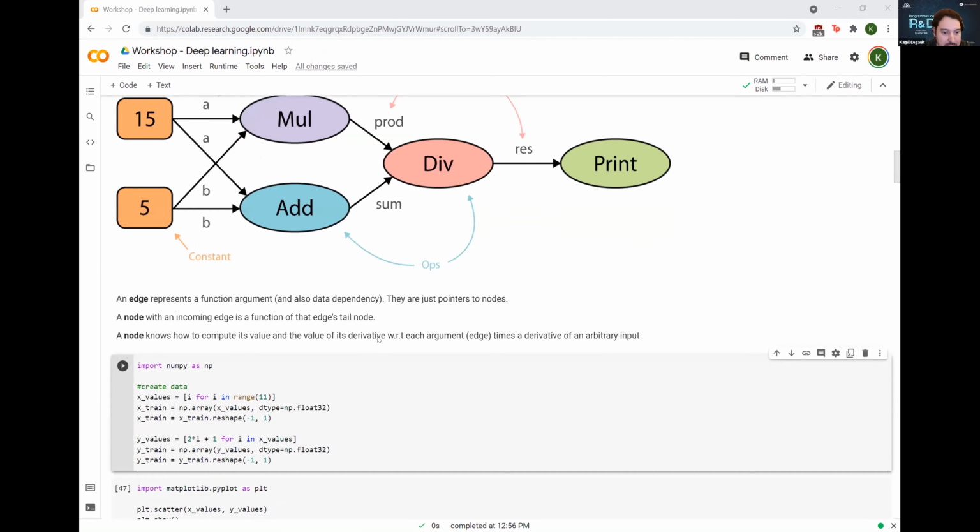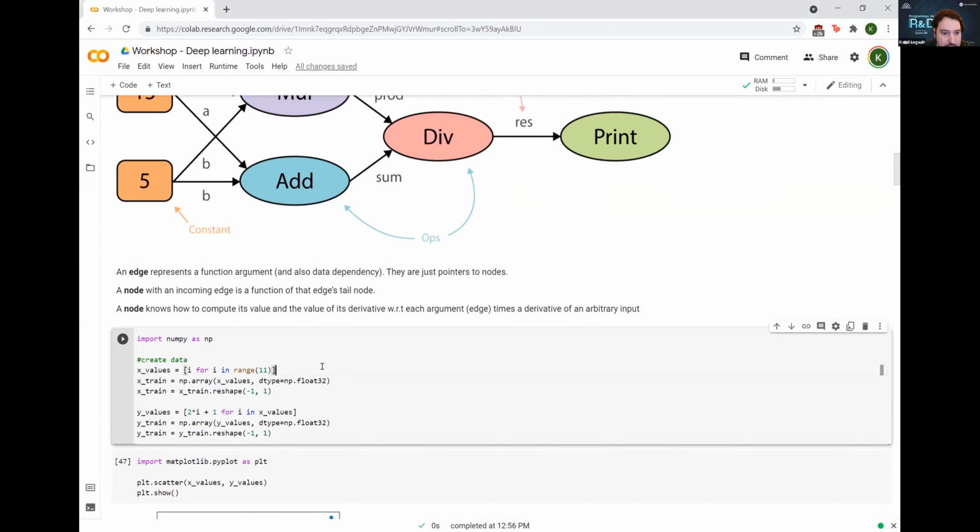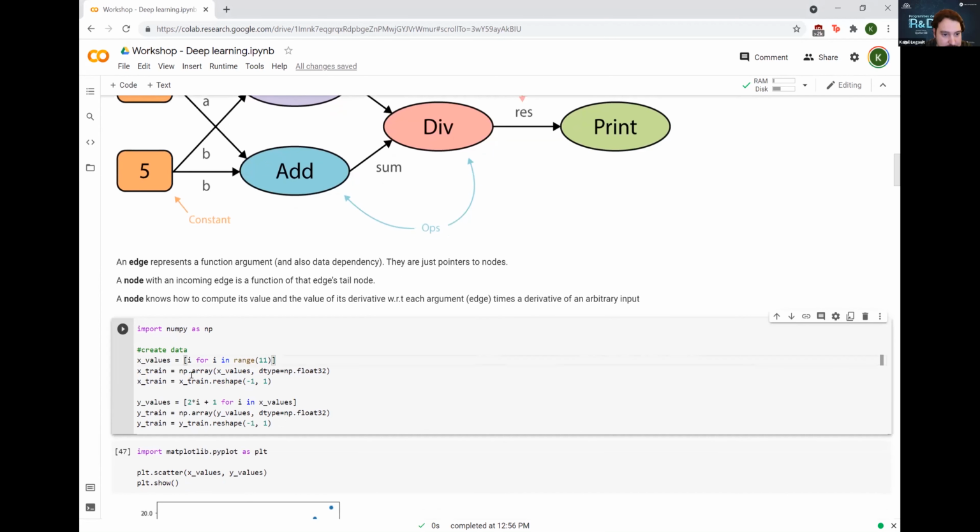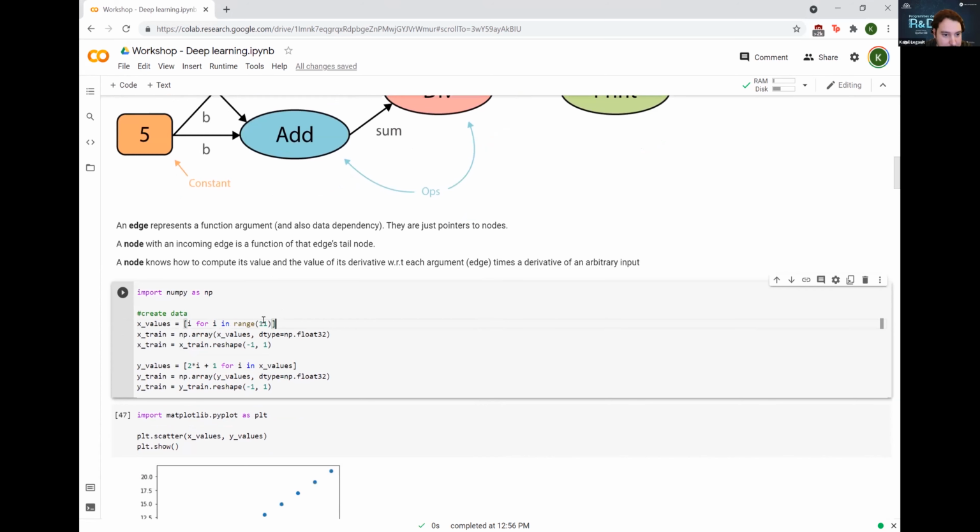To get back to the example, I created these points 1 to 10 using a list comprehension in Python. I'm converting it to a NumPy array for 2 reasons: one, because I want to have a column vector, and two, because from a NumPy array it's pretty easy to convert to a PyTorch tensor.